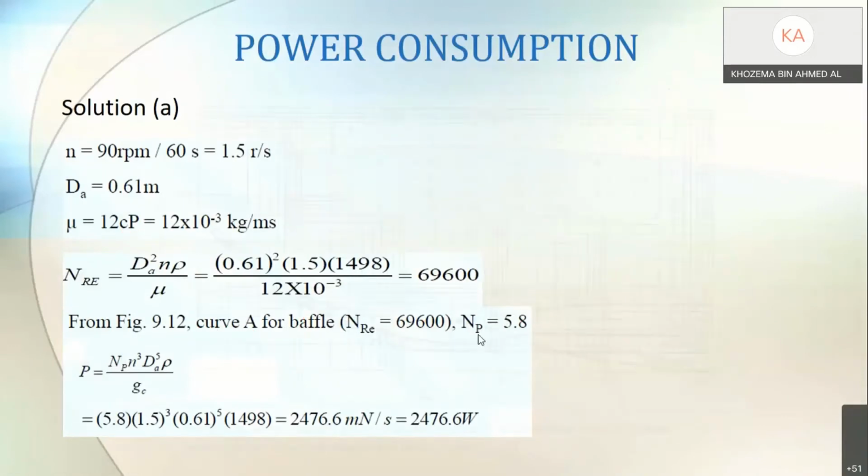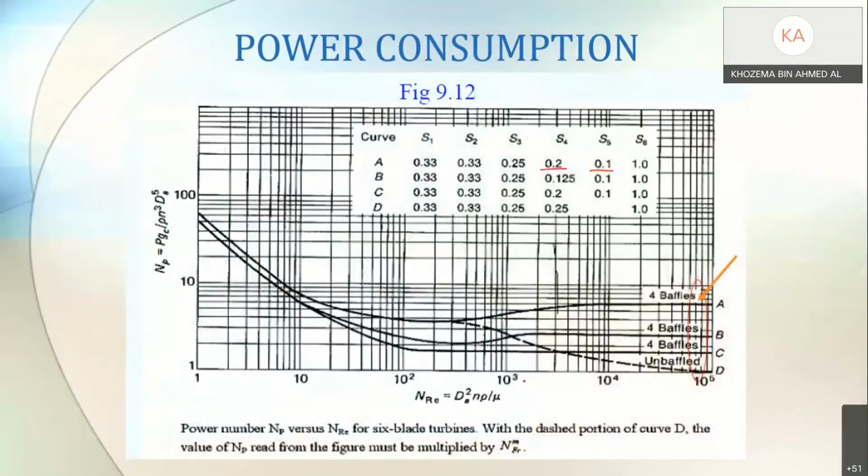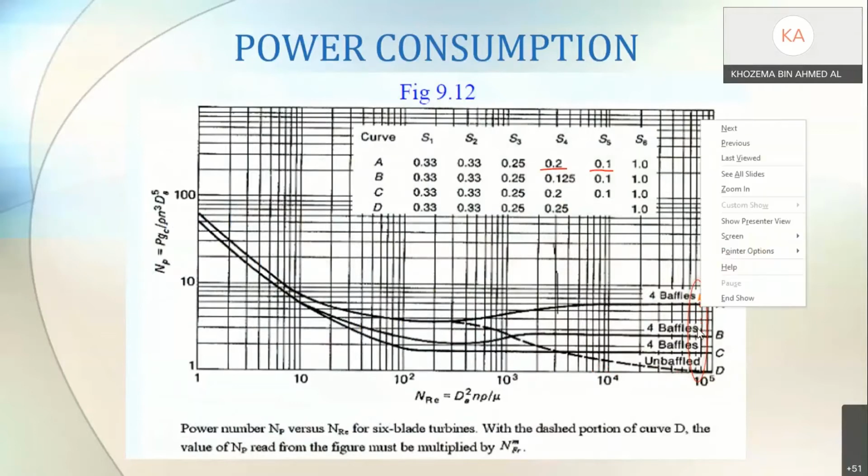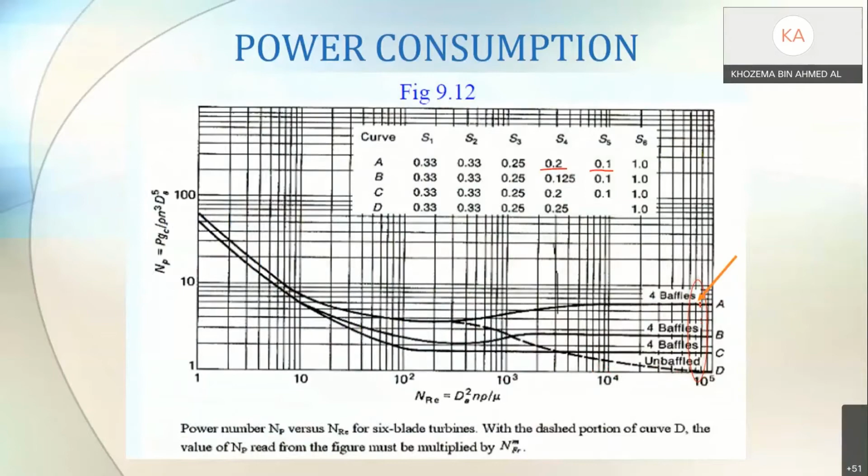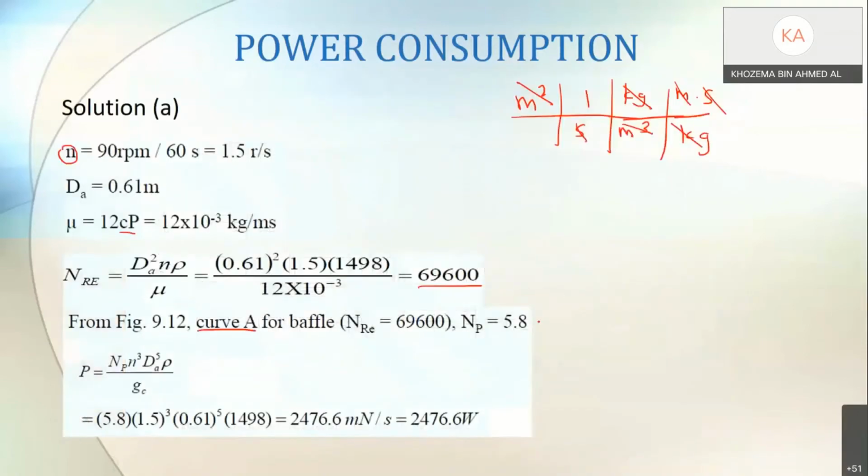And then I mentioned just now, this is 1000, this is 10,000, and this is 100,000. So 10,000, 20,000, 30,000, 40,000, 50,000, 60,000, 70,000. So around here, so 69,000, right? So the point is somewhere around here. So from here, I can find the value of my power number and it is around 5.8.